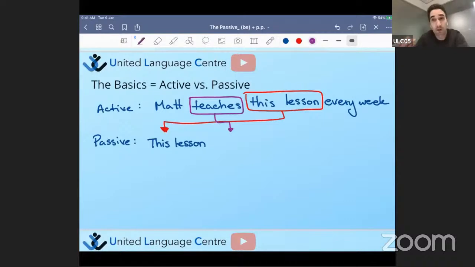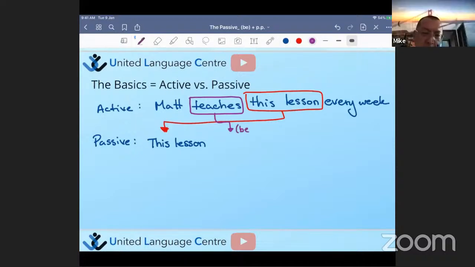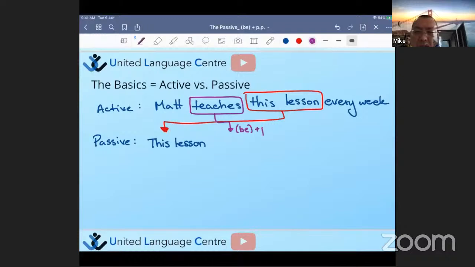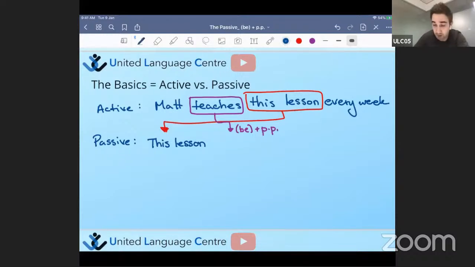Now the important thing about the verb in passive, always, always, always, is that the verb is going to follow this: be plus past participle, PP.